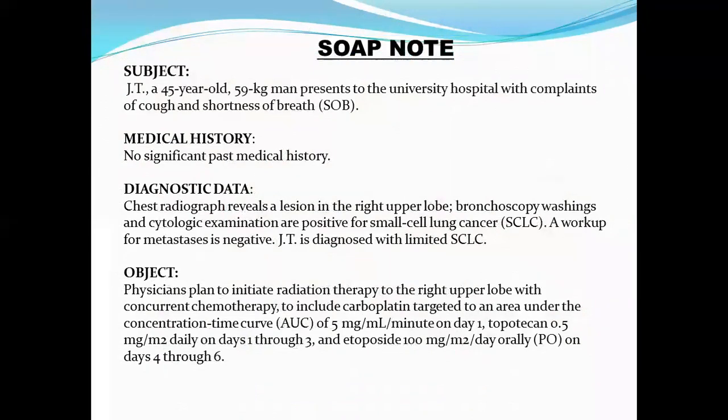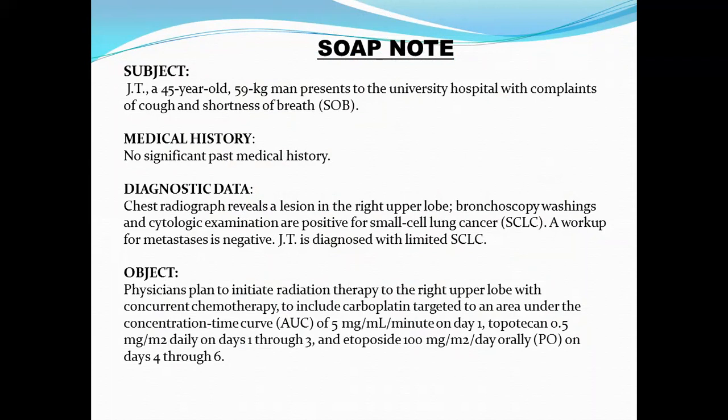Bronchoscopy, washing, and cytologic examination are positive for small cell lung cancer. So we can think that he has small cell lung cancer, but the workup for metastasis is negative. It has not spread to other parts of the body.